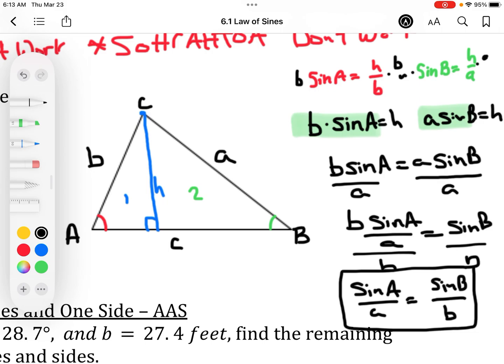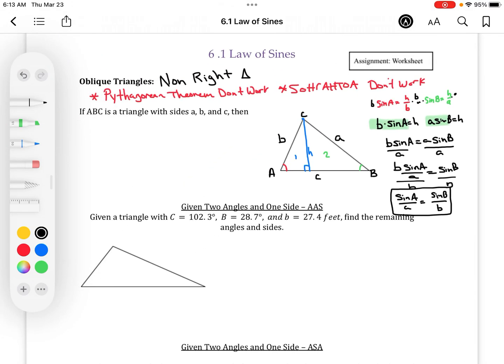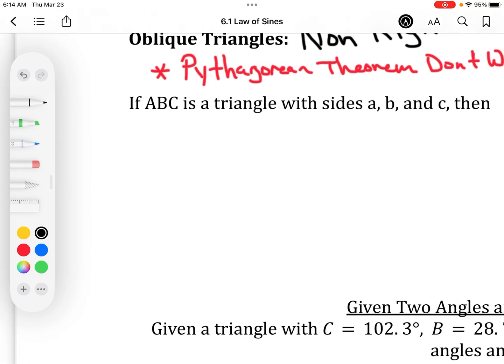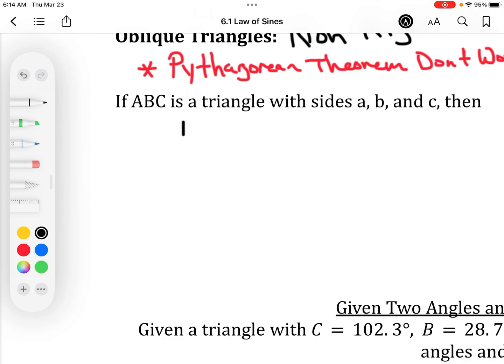Remember with fractions, we're just saying this ratio is true. So the ratio of the sine of A to the side length a is equal to the ratio of the sine of B to the side length b. That's significant, and we could go through and show that it's true for the other side, but let's just write this out. This is the law of sines.